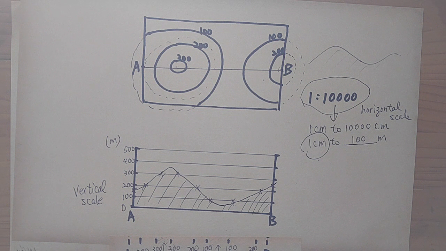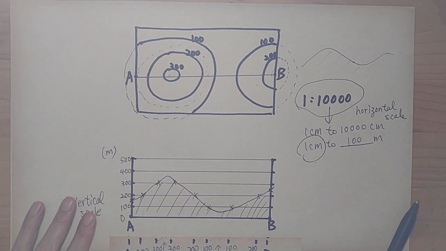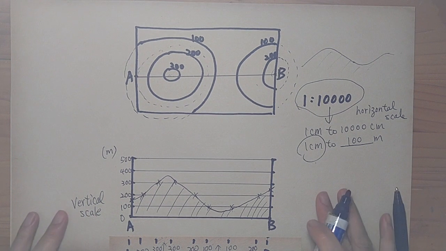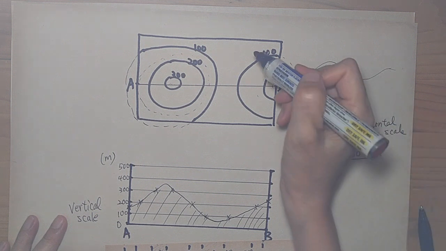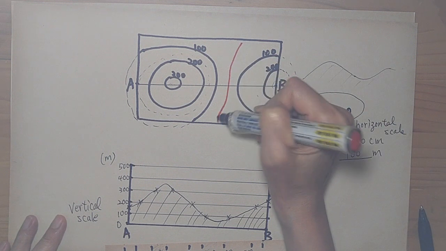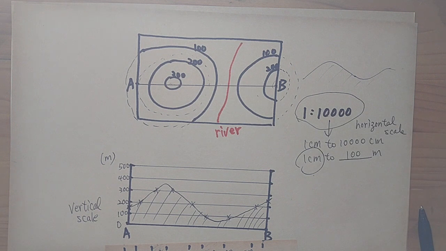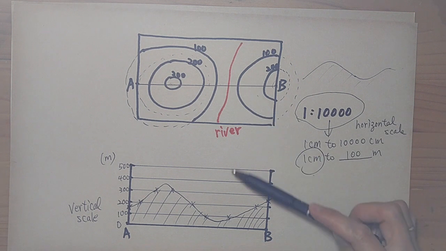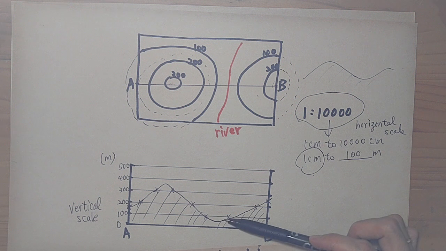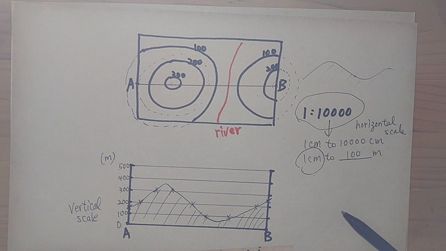And now one more thing I want to tell you. So how about if I add one more thing here? Now, for example, the contour map here is showing you a river. This is a river. Now, I want you to show the river on this cross section. Where is the river? So how can I show it?